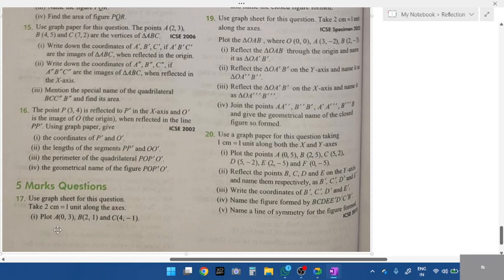Take a fresh graph. Take down the values, students. A 0, 3.